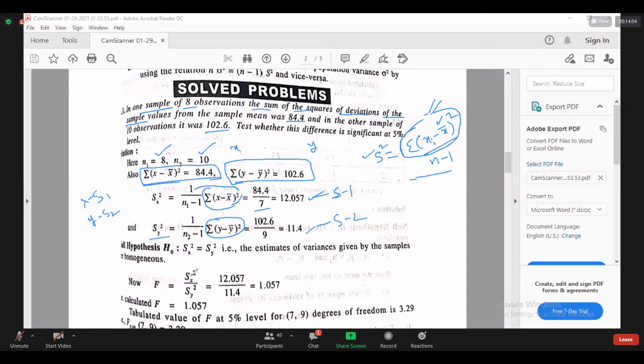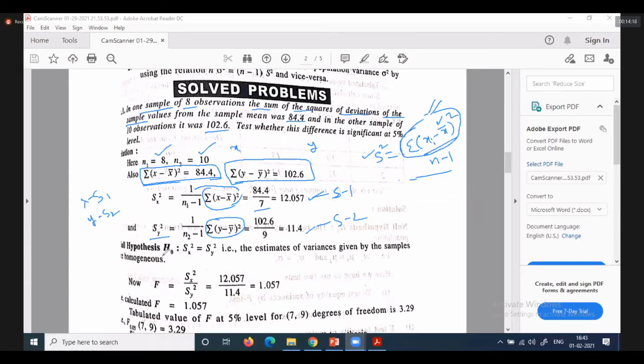In such a case, we'll use this formula. Already I explained that one. Okay. Now, after that, the test of hypothesis procedure. The first step is to set up the null hypothesis. The null hypothesis H naught is that there is no difference between the two variances.